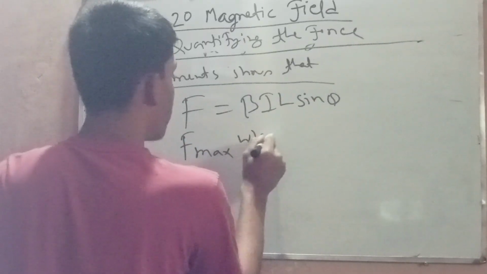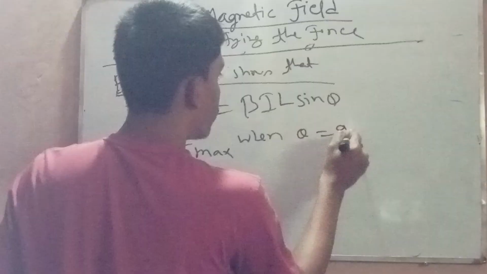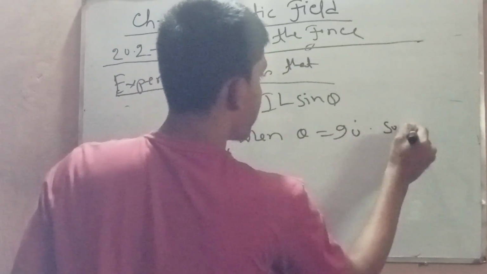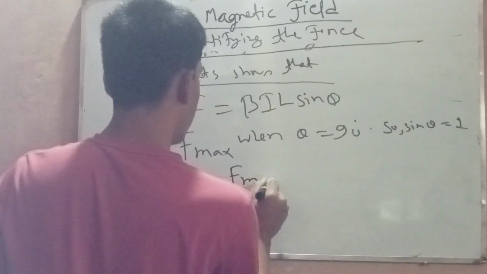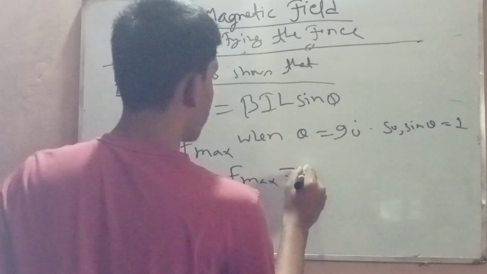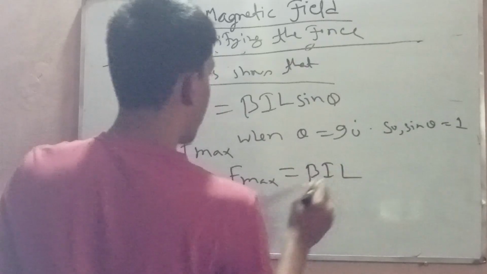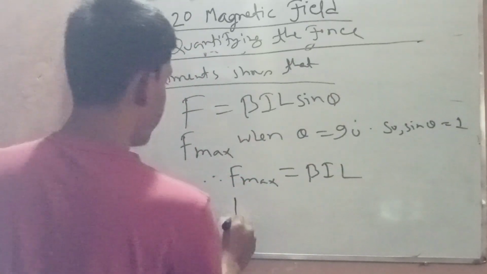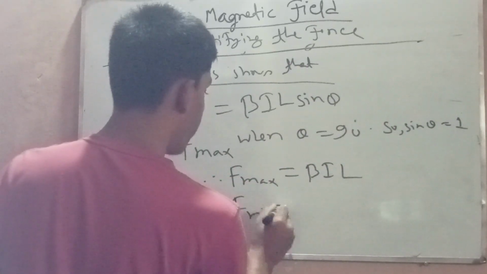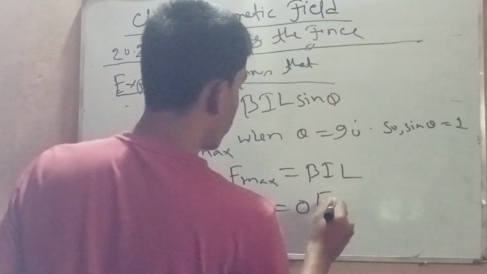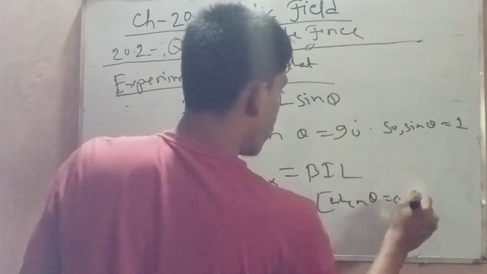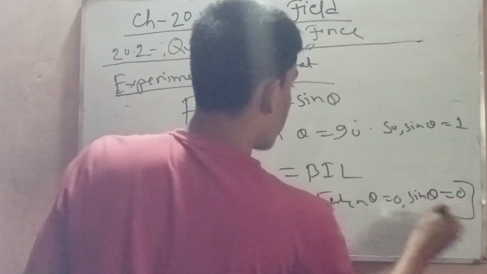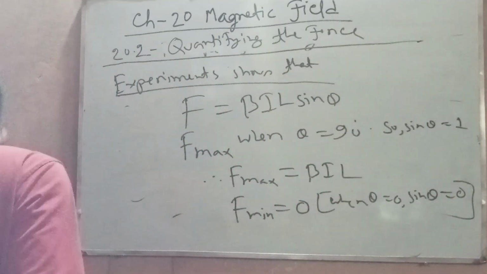F max when theta is equal to 90 degrees, so sin theta is equal to 1. So F max is equal to BIL. F minimum is equal to 0 when theta is equal to 0, so sin theta is equal to 0.